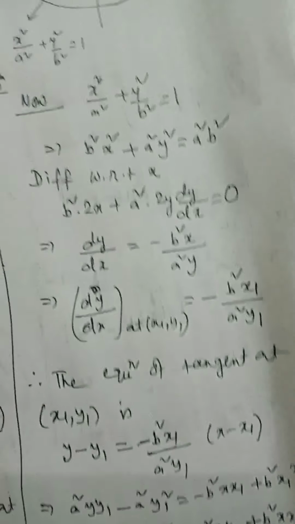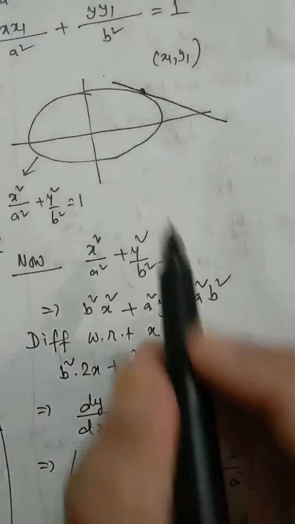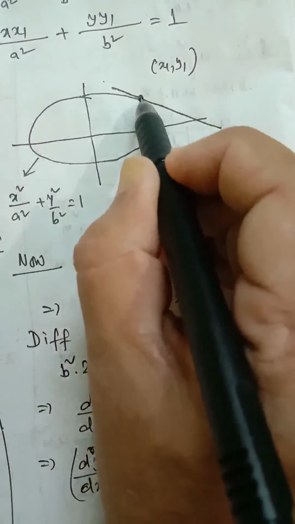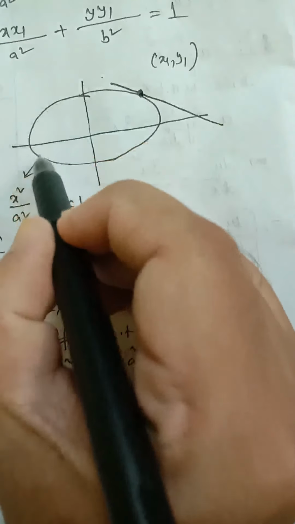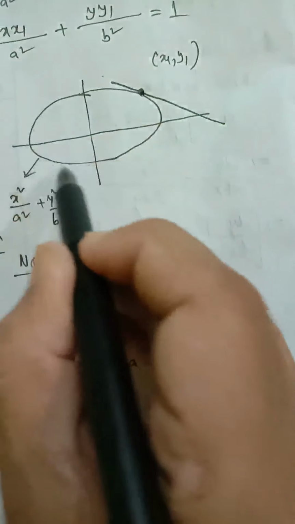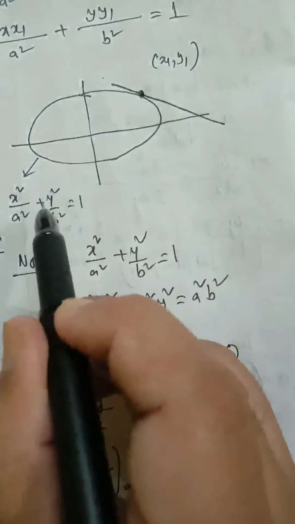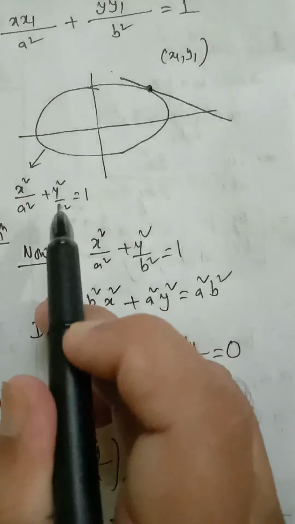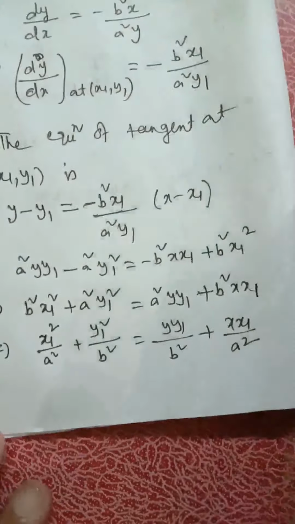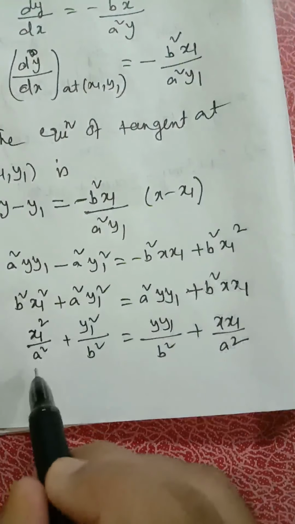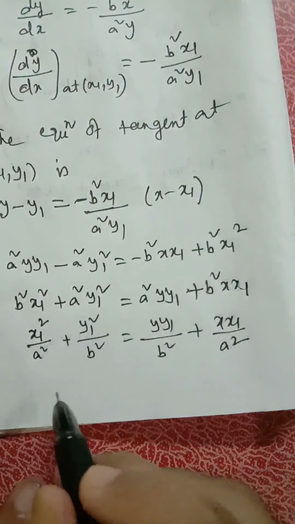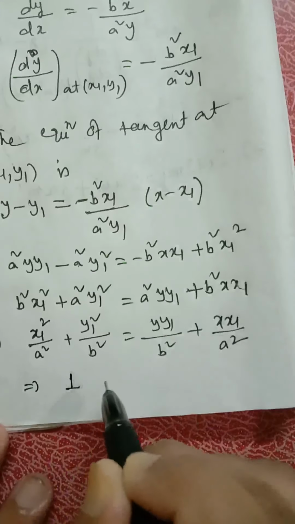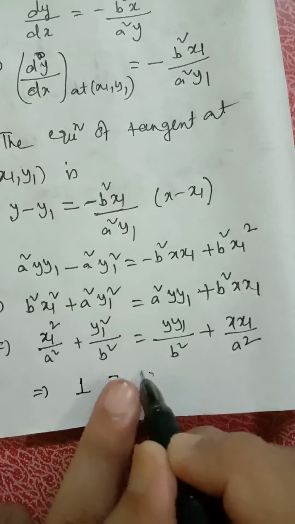Now we have to find the equation of tangent at the point (x1, y1). This is the point (x1, y1), and this point lies on the given ellipse. (x1, y1) lies on this ellipse means (x1, y1) will satisfy the equation of the ellipse. Therefore, the value of x1 square by a square plus y1 square by b square is equal to 1, because (x1, y1) will satisfy the equation of the ellipse.